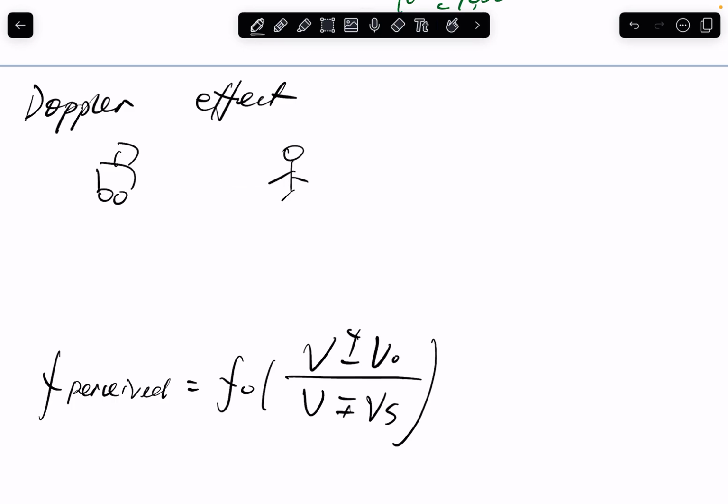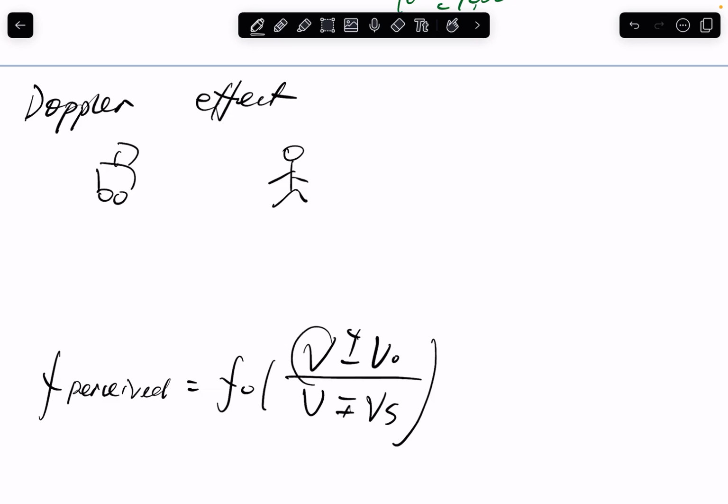This is you, the observer. VO is V observer, the speed of your movement. And then the source of the sound, VS, describes how fast the source travels, the velocity of the source, in this case the police car.